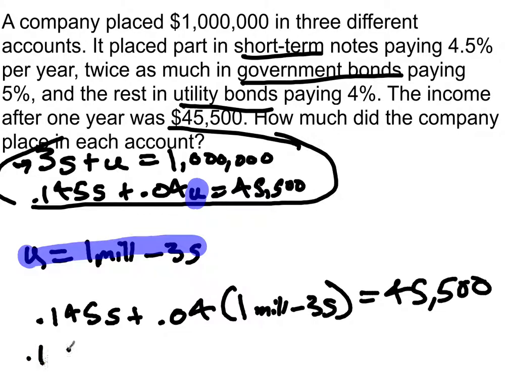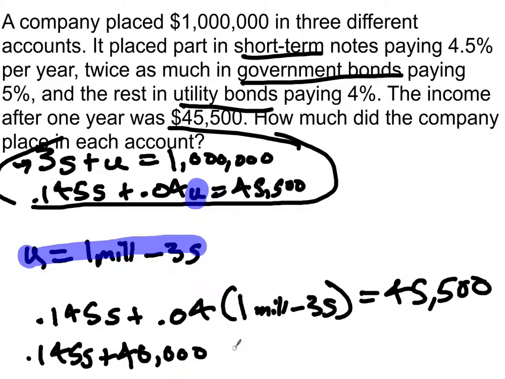So 0.145s plus 0.04 times 1 million is going to be 40,000.